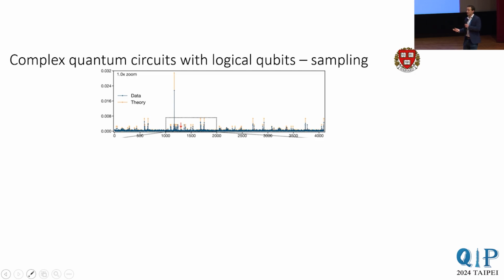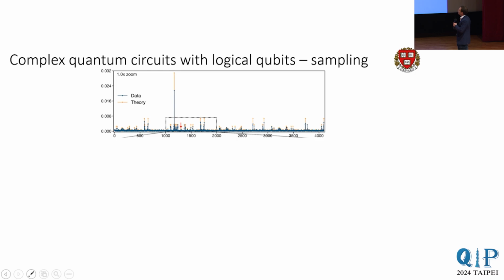I still stare at this data every once in a while and wonder why it looks as good as it does. So I want to zoom in a little bit and give a sense. Here again, we're looking at our logical sampling outcomes. There's 12 logical qubits here, so 2 to the 12 possibilities.